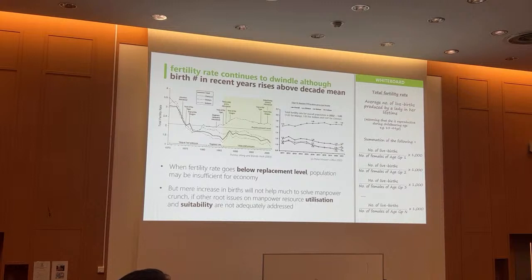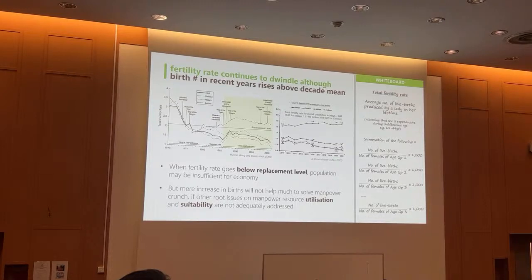So it is a bit different. Therefore, it is possible that you can have more births, but your fertility rate does not increase that much if you also have a lot more women of childbearing age in the society.